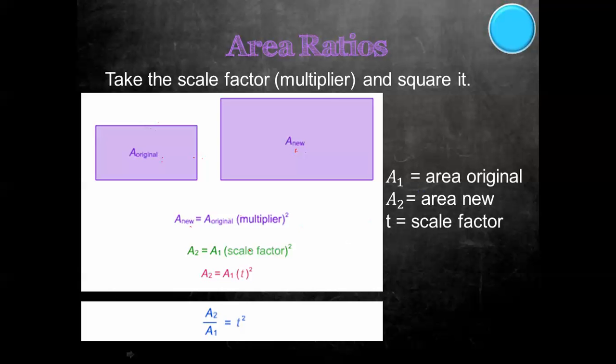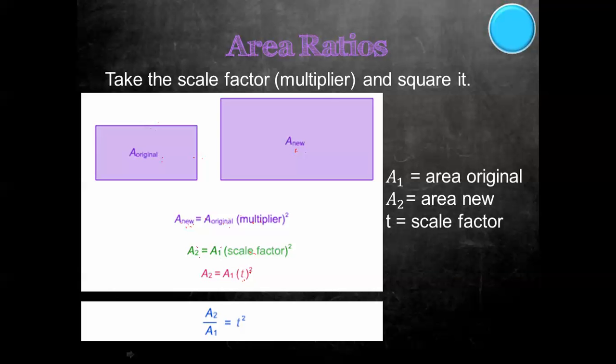So all we've done is change this formula up a little bit. Instead of saying A new and A original, we've just changed it to A2 and A1. That's easy to remember because 1 is what you start out with, the first shape. 2 is the second shape. And then the multiplier is our scale factor, and we're going to use T as that.